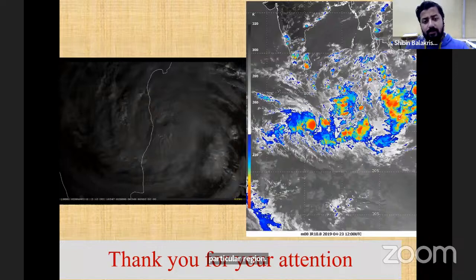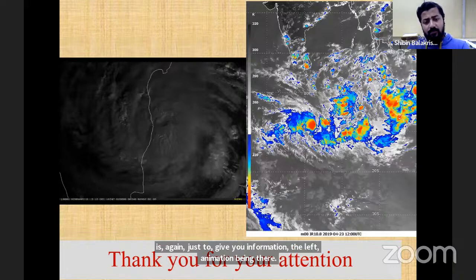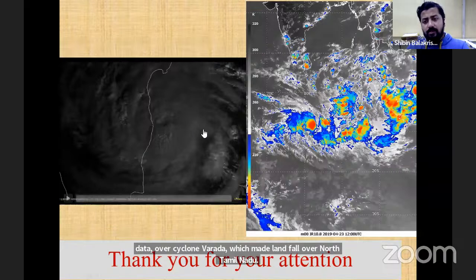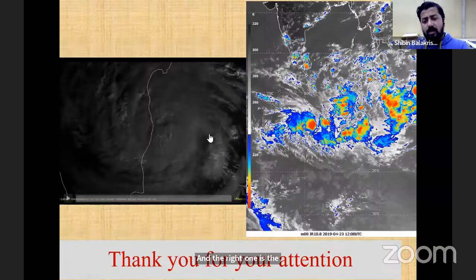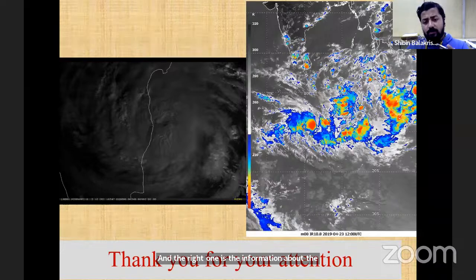This is again just to give you information. The left animation is the Himawari data over cyclone Vardah, which made landfall over North Tamil Nadu, and the right one is about a peculiar tropical cyclone activity which happened near the equator region.